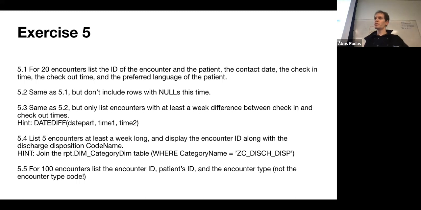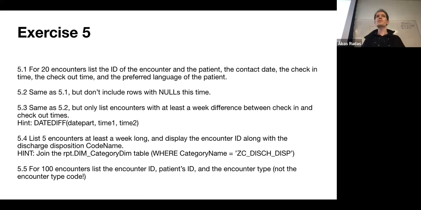Does this strategy make sense? For each facility, I'm getting the count, and then I order this table by counts in descending order, so the one with the most encounters will be on top, and then I'm just taking the top one. This is how it would look.